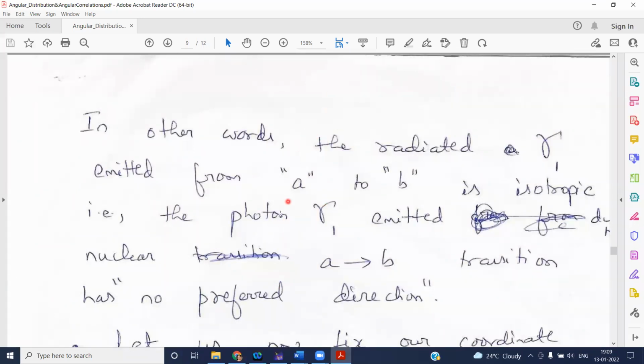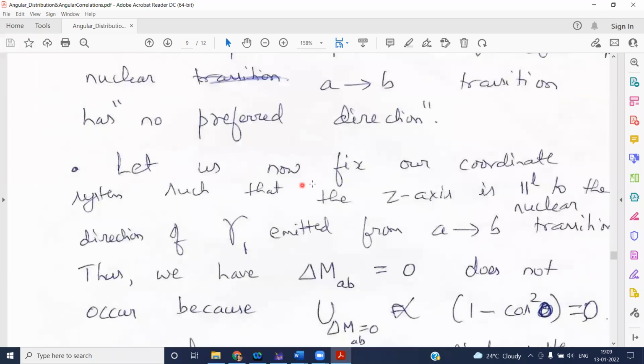That detector direction I call the z-axis. So I get detector number 1 clicking for the first gamma ray, and I say that is my z direction. So I fix the coordinate system such that the z-axis is parallel to the direction of gamma 1 emitted in the A to B nuclear transition.